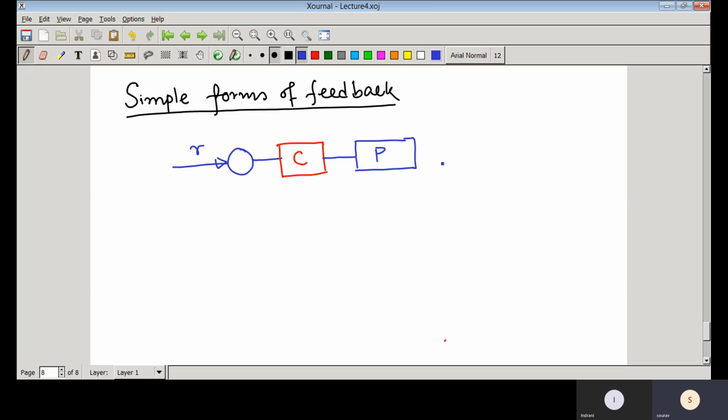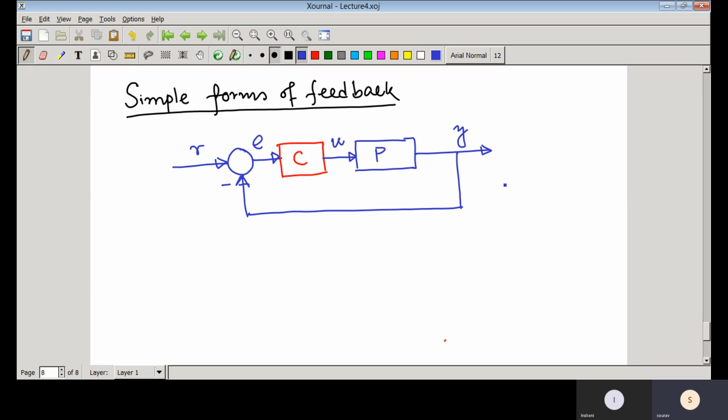So this is the plant, and we take feedback here. This output is called the controlled output, here this is the control input, and E is the error signal. Suppose we are taking negative feedback.